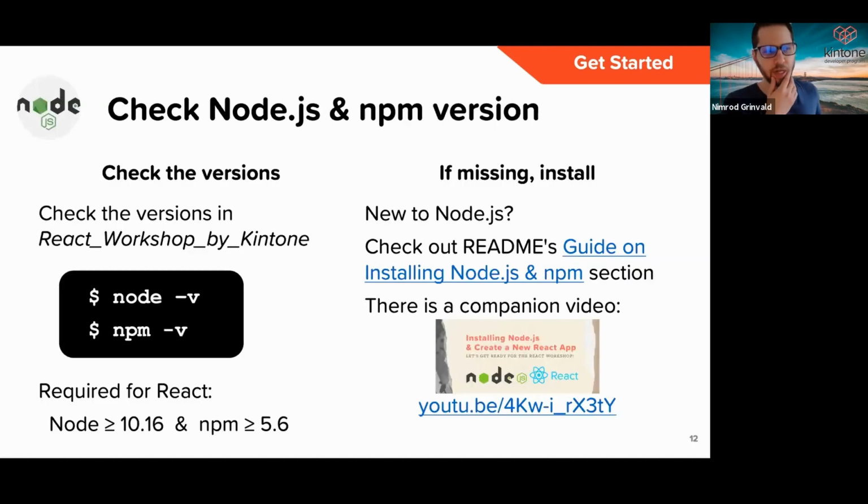And then we want to make sure that your versions of Node and NPM are properly updated. So you're going to need a version of Node greater than or equal to 10.16, and with NPM, a version greater than or equal to 5.6. If your versions of Node or NPM are not updated, Genji's dropped the link inside of the chat, so you can follow along and install Node and NPM as appropriate.